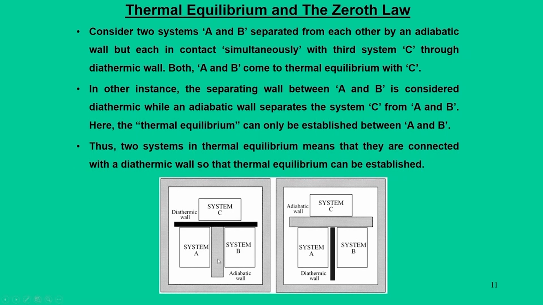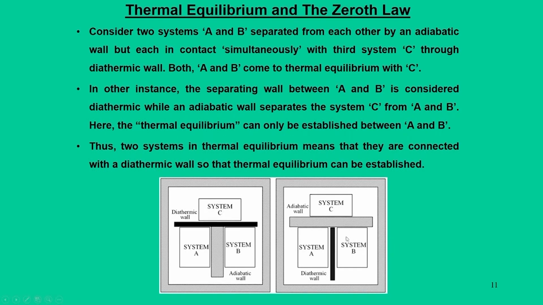In the first figure, system A and system B are separated by an adiabatic wall, and together they are separated from system C by a diathermic wall. Since systems A and B are separated by an adiabatic wall, there is no communication between A and B directly, but communication between A and B can be possible through system C. That means system A can interact with system C, and system B can interact with system C.